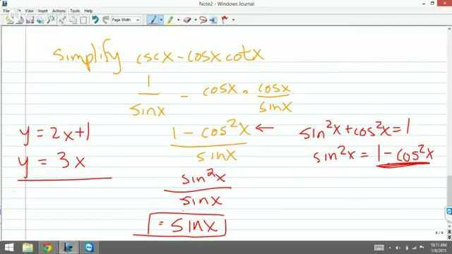So can I say this? Yeah, that's the same thing. Algebraically, it's the same concept. You're just using the trig functions in it now. So it's substitution, that's what it's called.